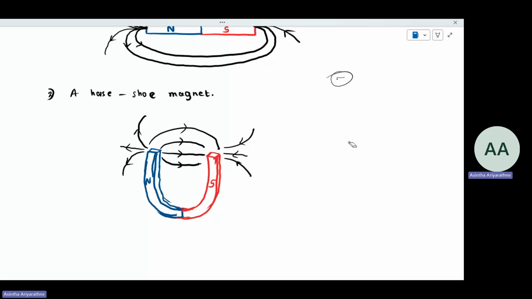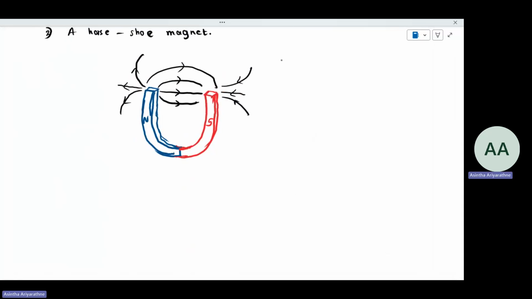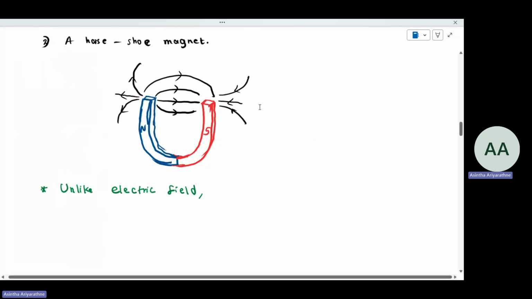So there cannot be just a north pole separately and a south pole separately. The special point is, unlike the electric field, where there is one type of charge, here they are called poles: north pole, south pole.